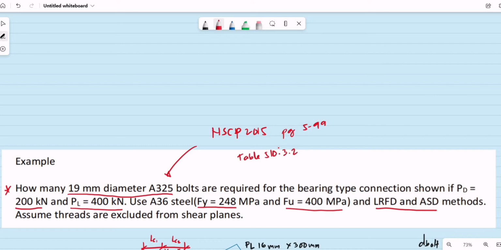Since it is indicated in this problem that threads are excluded from the shear plane, therefore again we are using F sub nb equal to 457 megapascals. So again, kindly refer to this value in our reference.